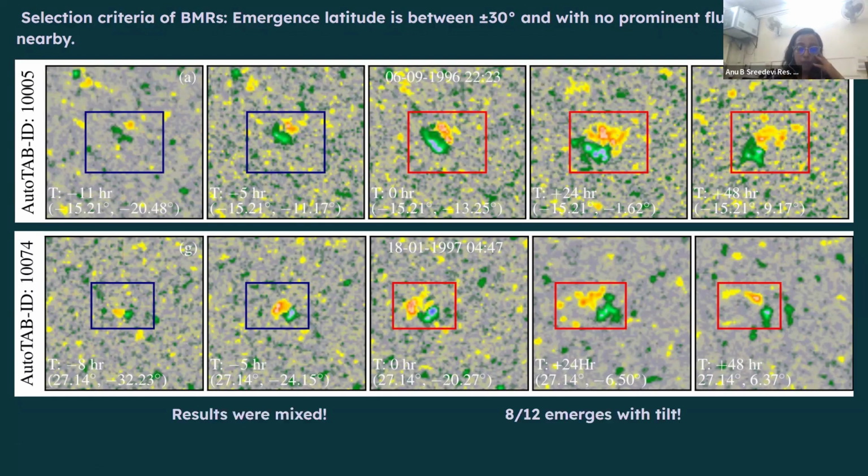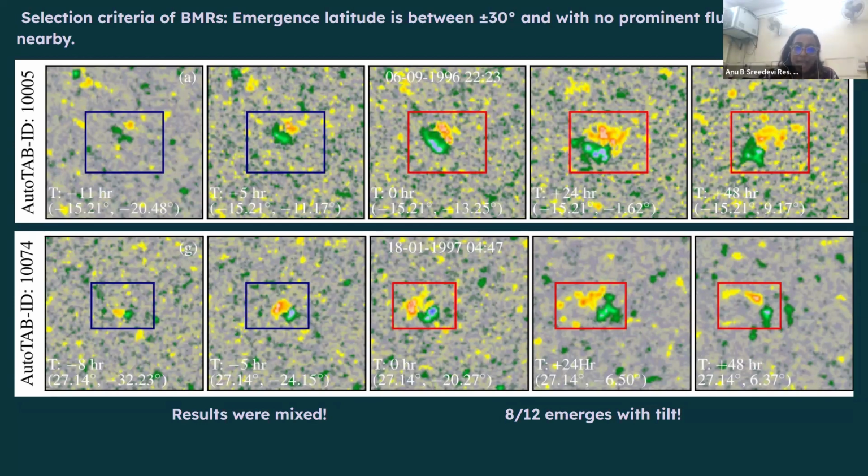Out of the 12 BMRs that I checked, 8 of their signatures emerged with tilt, and others didn't. Again, this is not a statistical confirmation. My colleague Ram Bahadur, I think he will be attending this meeting, will be working on verifying this part of the result.